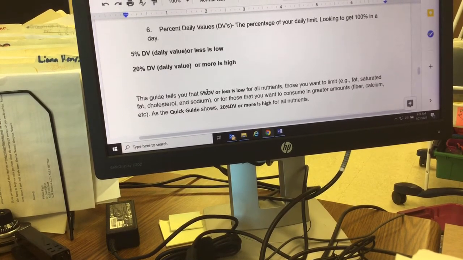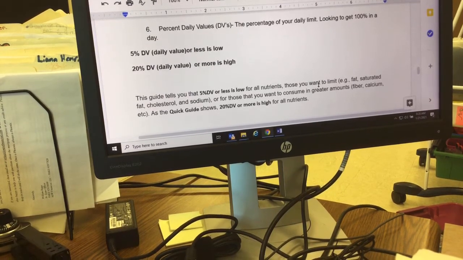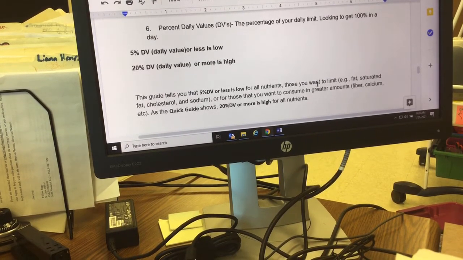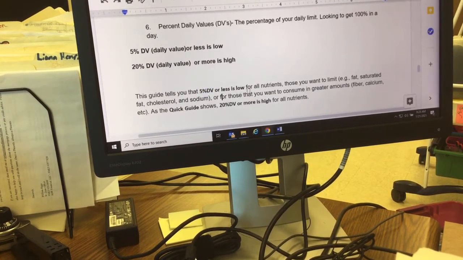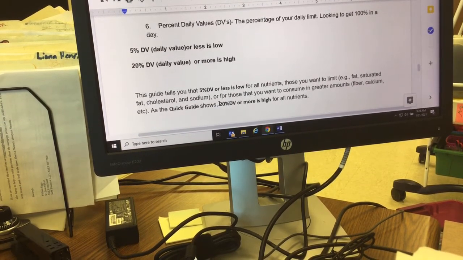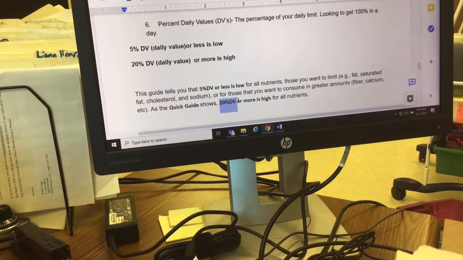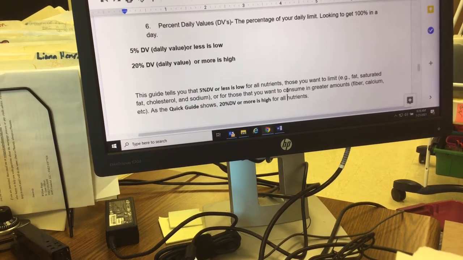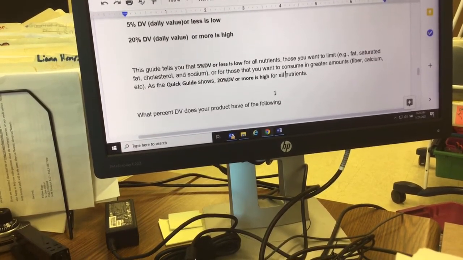This guide lets you know that 5% daily value or less is low for all nutrients. For those you want to limit, like fat, saturated fat, cholesterol, and sodium, you're looking to stay closer to this, right? For those you want to consume in greater amounts, fiber, calcium, any vitamins and minerals, you're looking to try to get to that 20%, right? So the more that you can consume of those, the better.